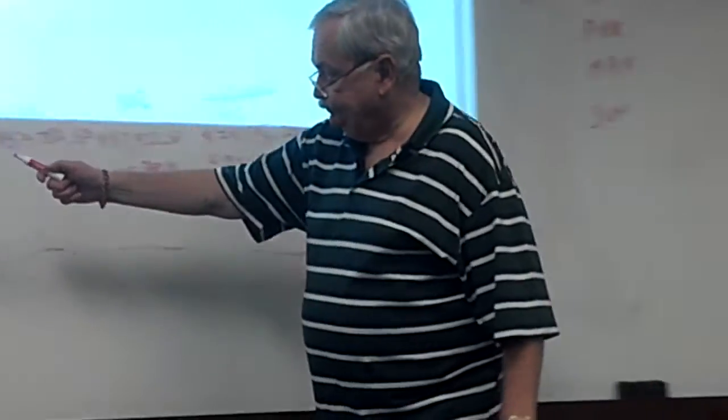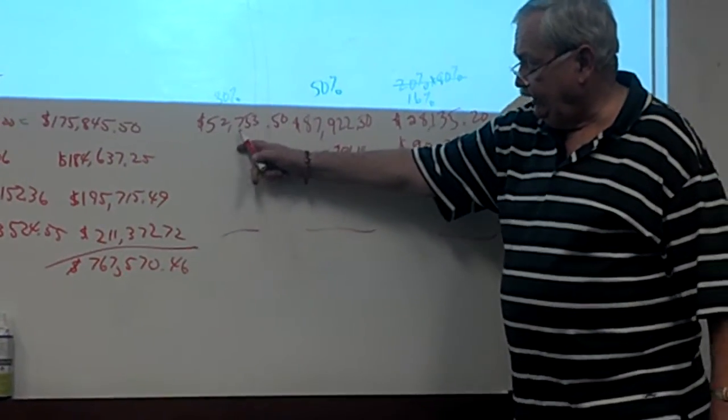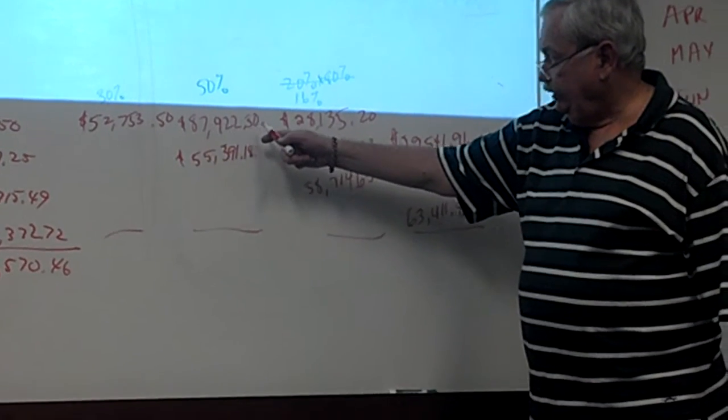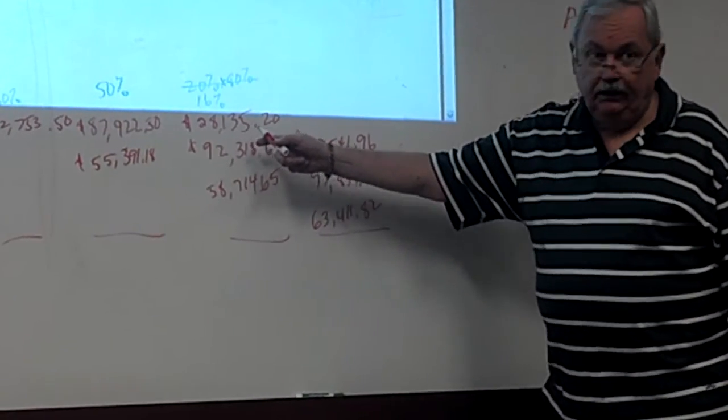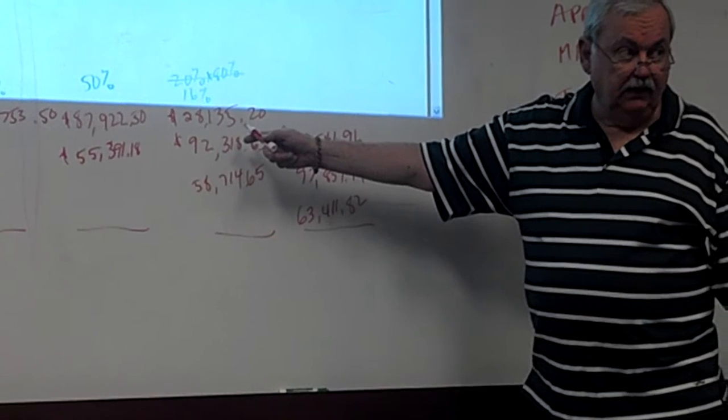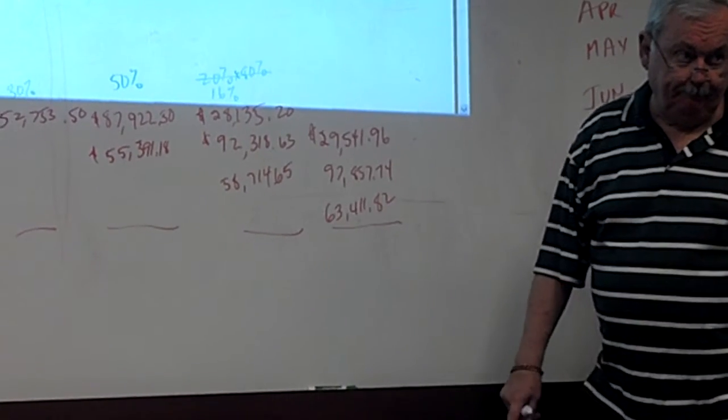Here's March sales. We collected 30, 50, 16. As of the end of June, how much is in accounts receivable?